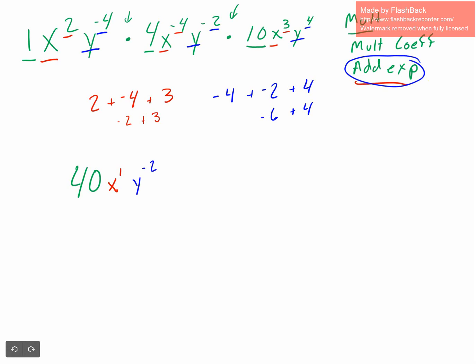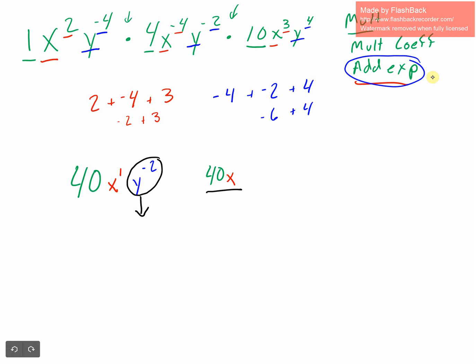Now, the only issue with this problem, though, is y'all just learned about negative exponents. We are not allowed to have a negative exponent in our final answer. So all that is going to do is shift it. So this is my negative exponent, so that will move, but my 40 will stay the same. My x to the first will stay the same.